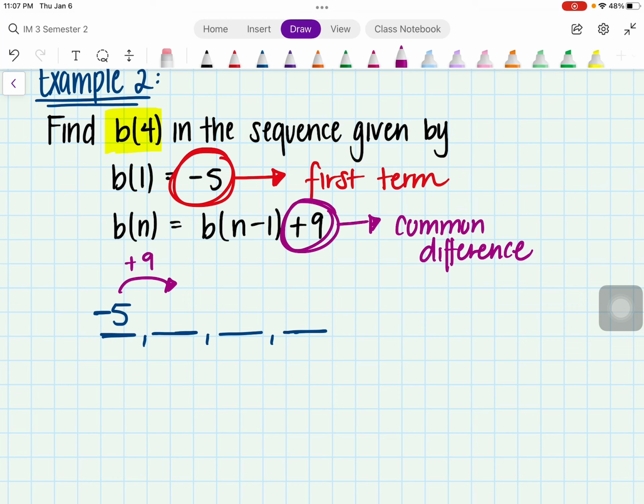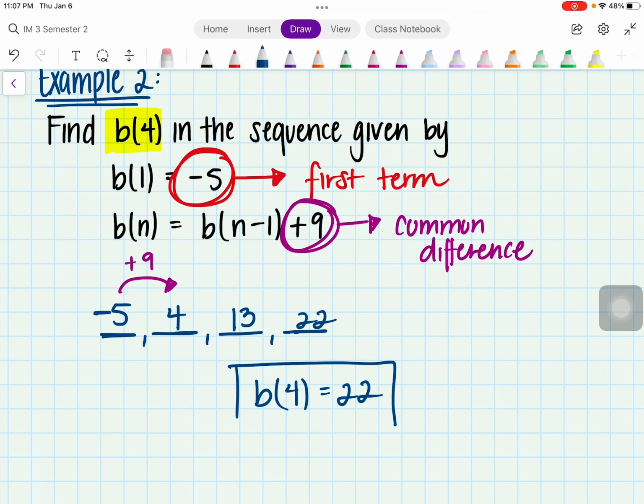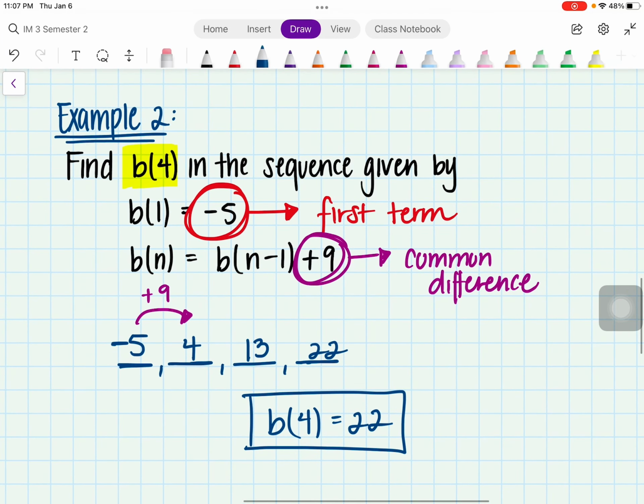So -5 plus 9 would give us a 4. And then once again, add 9, that's 13. And add 9 again, that's 22. So b of 4 is 22. All right. Now each time, guys, once again, we were adding 9.